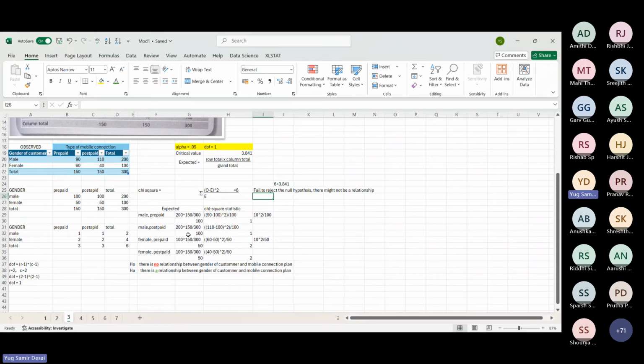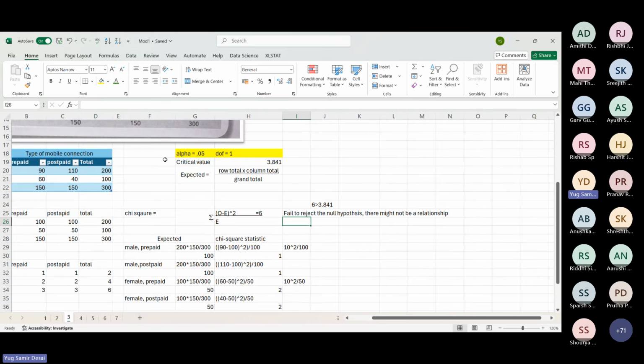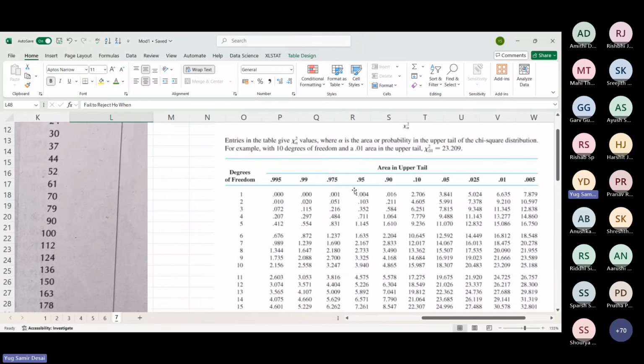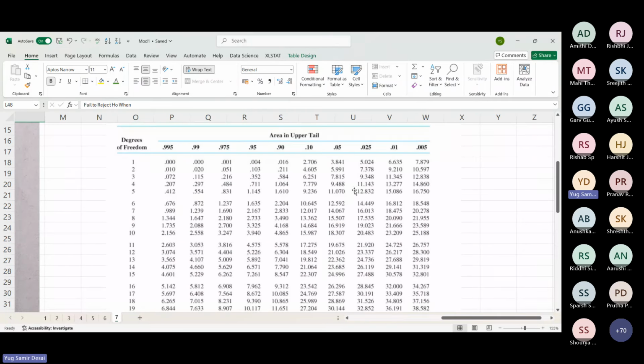I wanted to ask, can you explain how you got the critical value again? It's based on alpha, I know that much, but the table, can you show that again? Yeah. So again, keep this in mind. Our alpha is 0.05. Our degree of freedom is 1. In the chi-square distribution table, the very first column is the degrees of freedom. That is what we calculate, so in our case, it's 1.